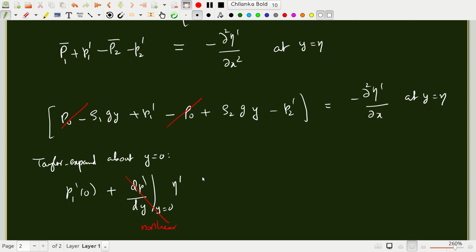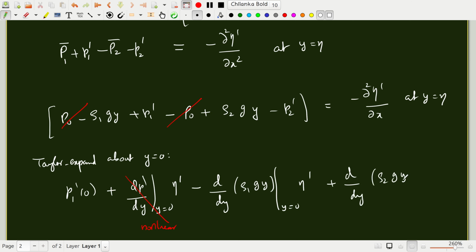So let's follow the procedure. This evaluated at y equal to 0 is 0, minus d dy of rho 1 g y evaluated at y equal to 0 times eta prime. Similarly, plus this evaluated at y equal to 0 is 0, and then the derivative of rho 2 g y evaluated at y equal to 0 times eta prime, minus P2 prime at 0.